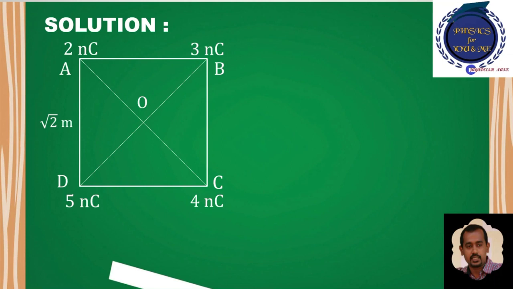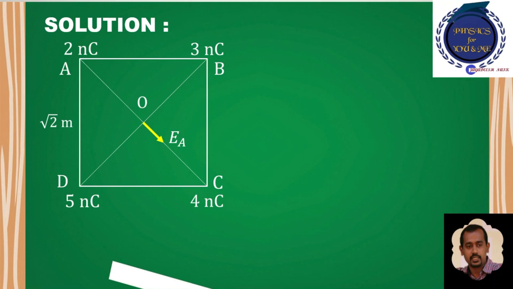Consider the square. At four corners, four different charges are placed, and we need to find out the net electric field at the center. We know that from the geometry, the center will be at the same distance from all four vertices.